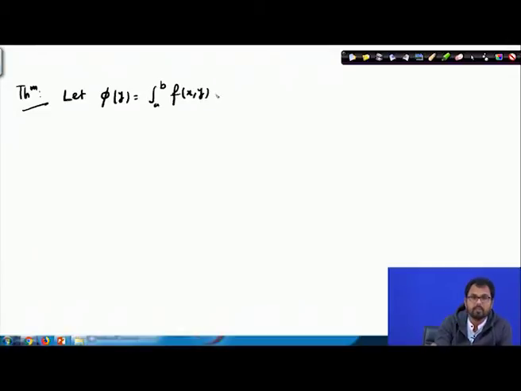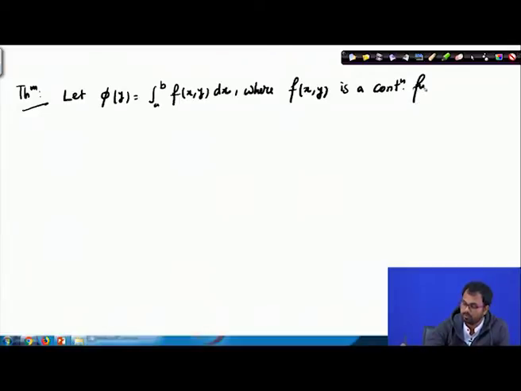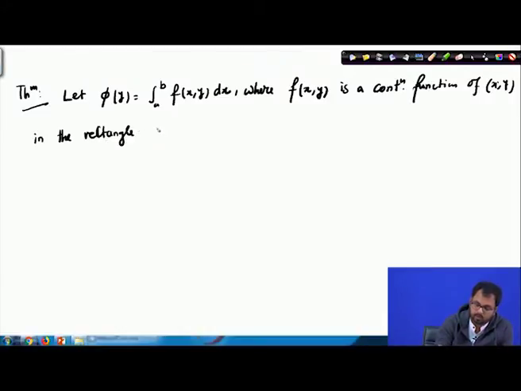Now we are in the function of two variable case, f x y dx, where f x y is a continuous function of x y in the rectangle R equals all those x and y such that a is less than or equal to x less than or equal to b and c is less than or equal to y less than or equal to d.